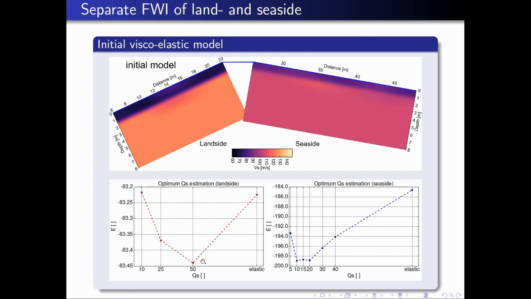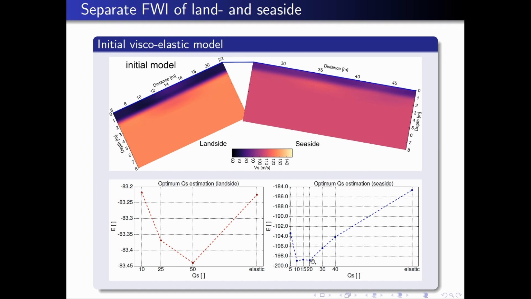While on the land side of the dike a distinct minimum occurs for QS equals 50, we have two possible optimum QS models for the seaside, QS equals 10 and QS equals 20. Both waveform inversion models differ only in the smoothness of the resulting VS models.